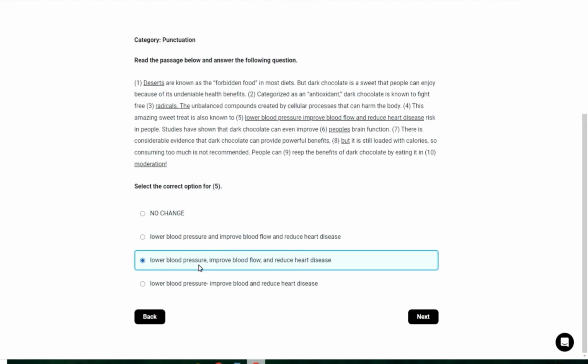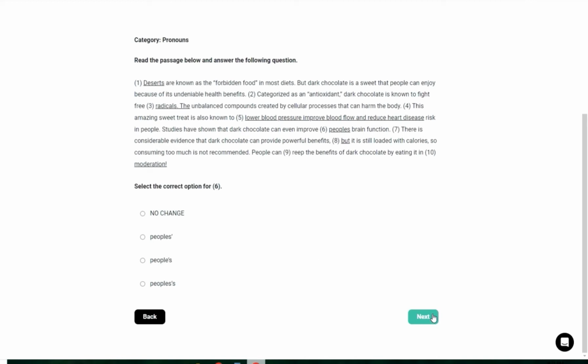Lower blood pressure, comma, improve blood flow, comma, and reduce heart disease. And those all make very much sense. And the last one, lower blood pressure, and we have a hyphen, improve blood and reduce heart disease risk. That's not going to be the correct answer. That's only separating one of the thoughts, and the other 2 are still connected in kind of an uneasy way. So our best answer here would be C.